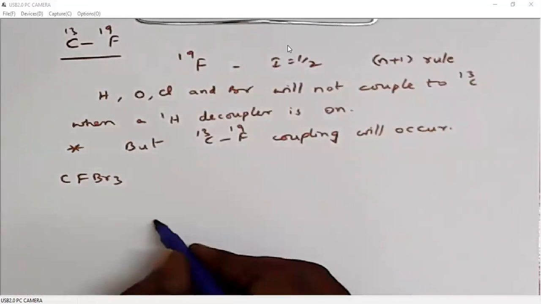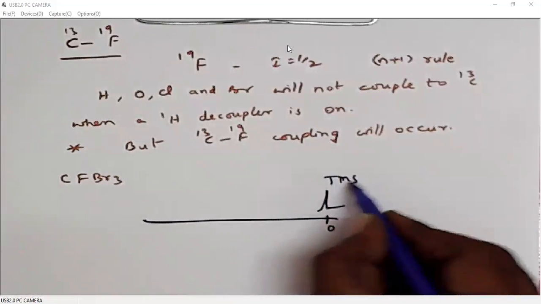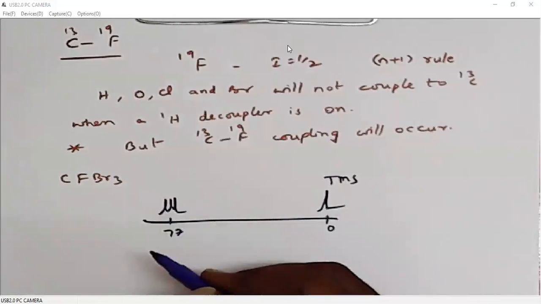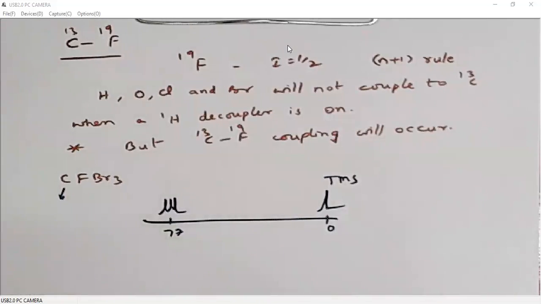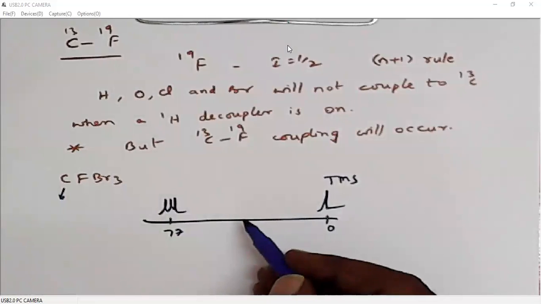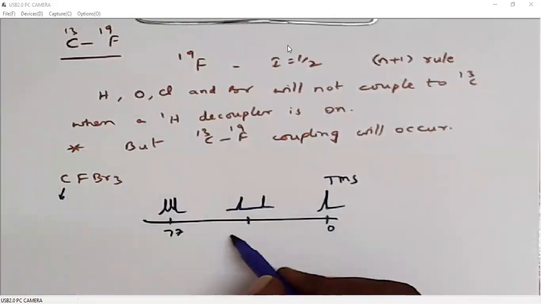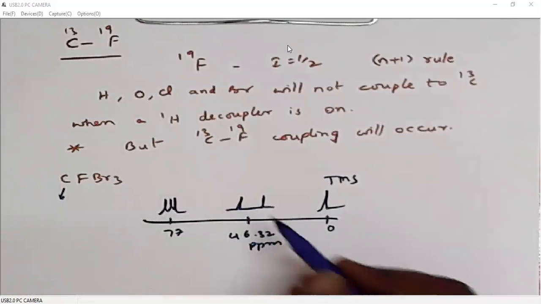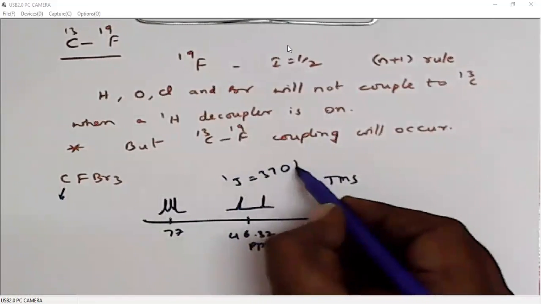Here, in the C13 NMR spectrum, at 0 we will have TMS carbons, at 77 we will have the CDCl3 triplet peak, and the carbon from this tribromofluoromethane is observed at 46.32 ppm, where we get a doublet with a one bond coupling constant of 370 Hz.